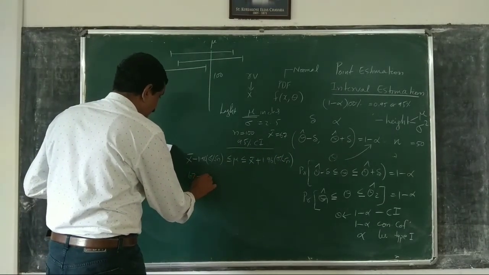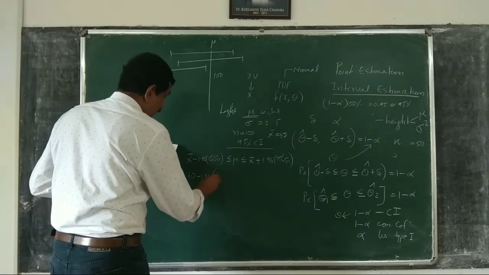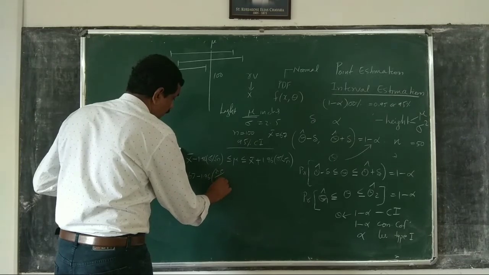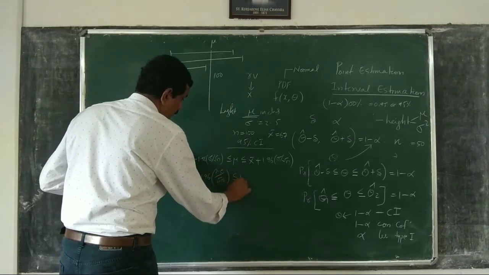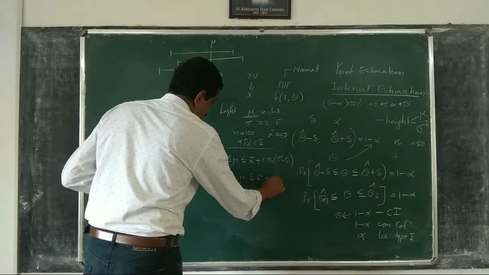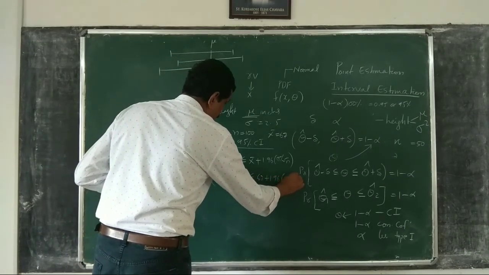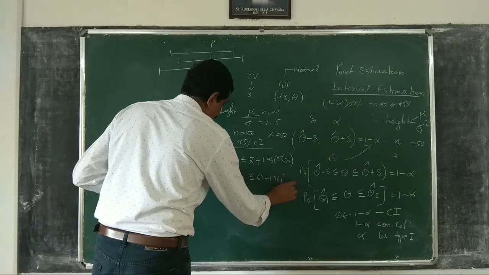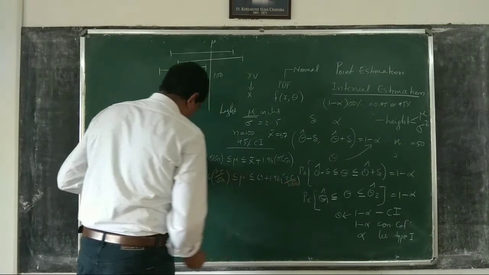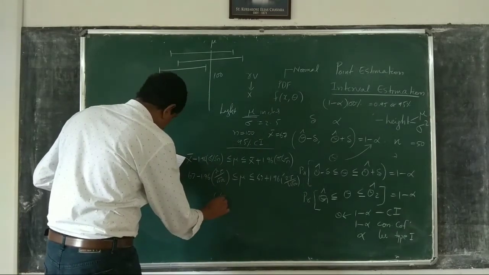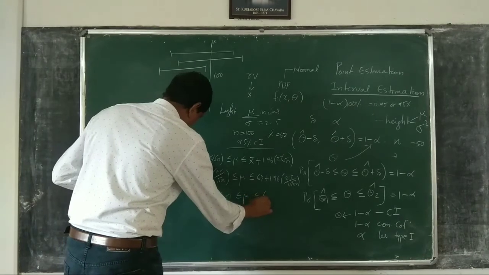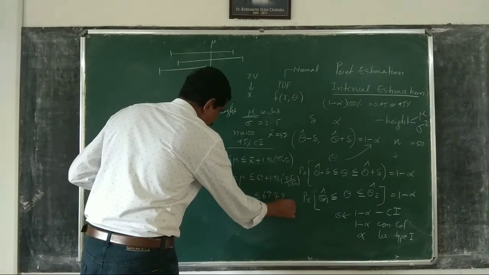Now, x bar is 67, so 67 minus 1.96 times sigma by root n, 2.5 by root 100, less than or equal to mu, less than or equal to 67 plus 1.96 times 2.5 by root 100. That will give you 66.51 less than or equal to mu less than or equal to 67.49.